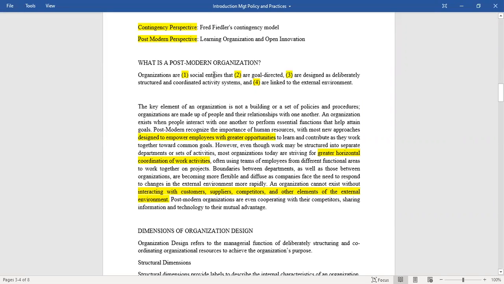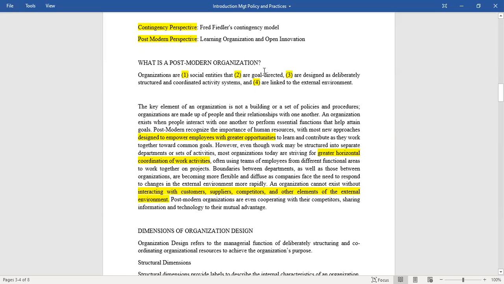It is goal directed. It coordinates activities, even if it does not necessarily have a particular building where all these activities take place. It can happen online as well, but the activities of the organization are deliberately, strategically structured, and it is linked to the external environment.